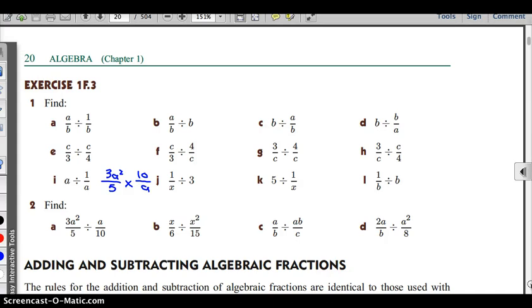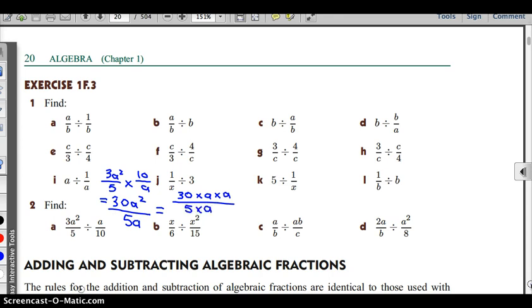30. Excellent, Alex. Well done. 30a squared. Good. And the bottom line? It's 5a. Good. Now we come to that expand concept that I said. What we've got on the top line is 30 times a times a, divided by 5 times a.